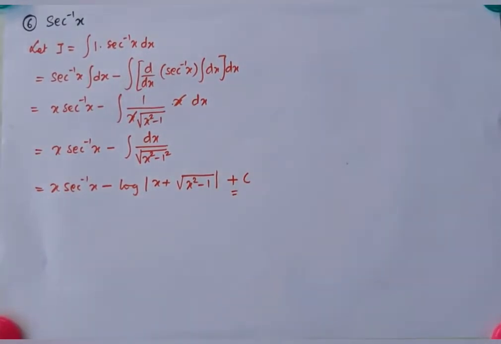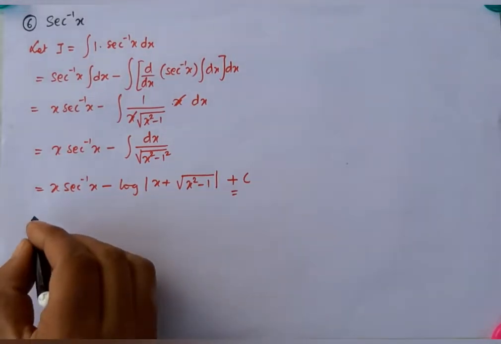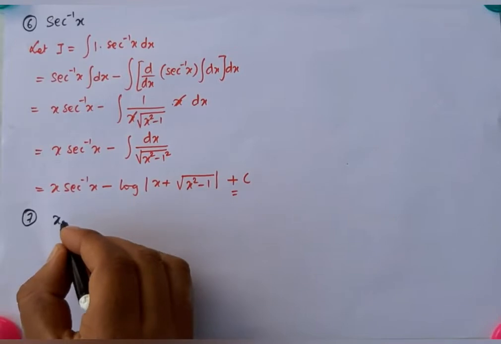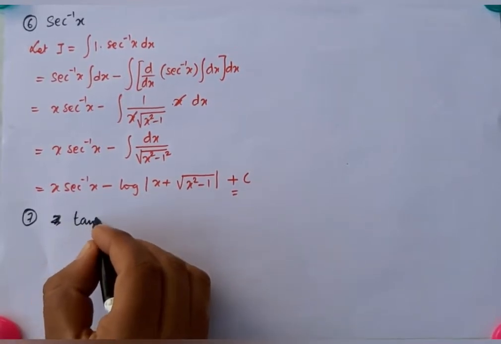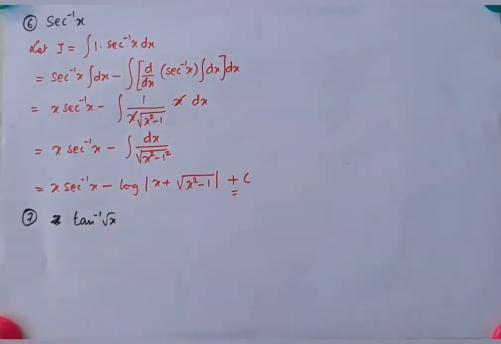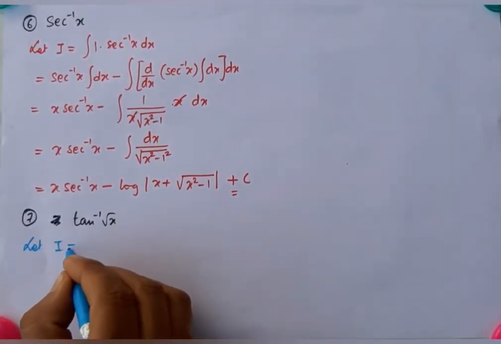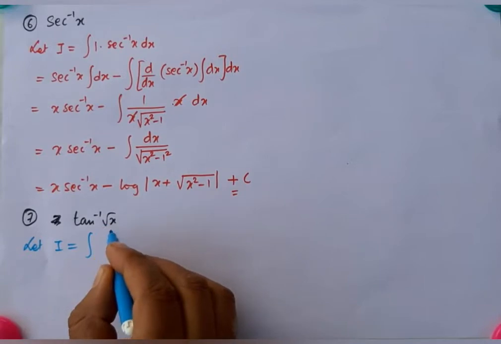Now let me take one more problem. Question number 7: integrate tan inverse of root x. So you want to integrate this now. Let I be equal to the integral.